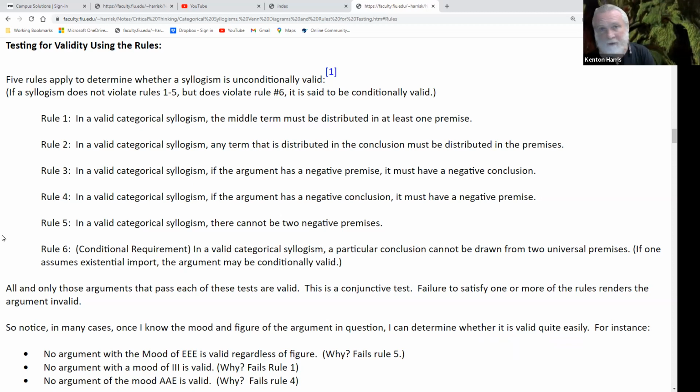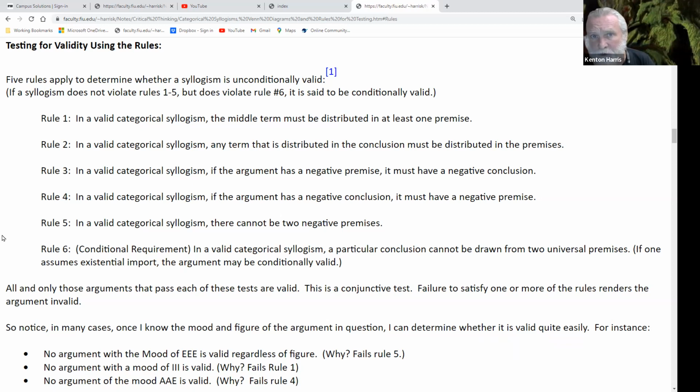Why? 2 negative premises. It doesn't work that way. And then number 6 is the conditional requirement. In a valid categorical syllogism, any particular conclusion cannot be drawn from 2 universal premises. So if I have an A and an A, and then the conclusion is an I, that's a problem.